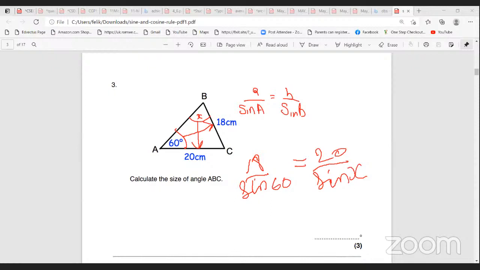Okay, good. The cross multiplication. All right, so this is where it's important now.